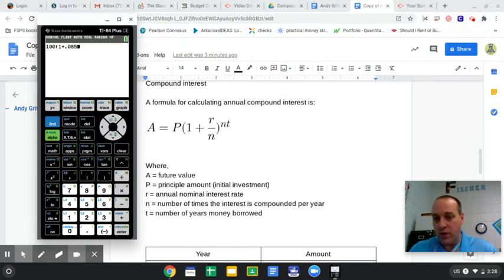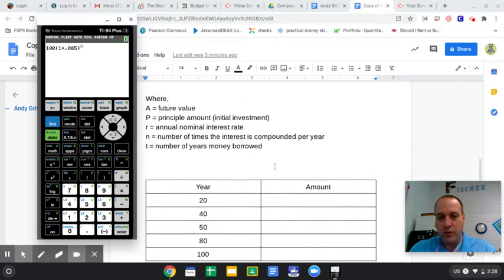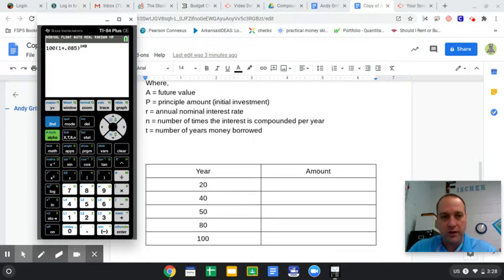Since it's divided by 1, I'm not going to put that on there. So then you end your parentheses, and then the exponent button, which is this button right here above the division sign. And then t power, so the first one we want to know is 20 years, so I'm going to put 20 there. And then hit enter.